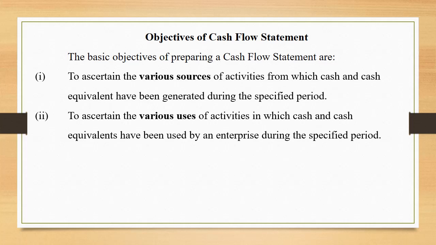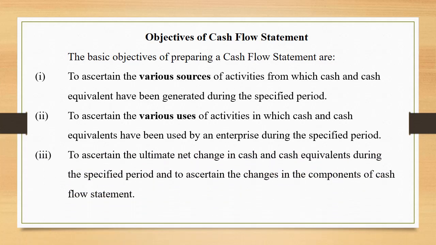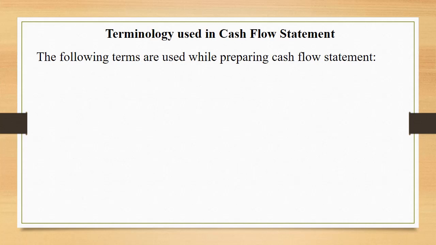Third, to ascertain the ultimate net change in cash and cash equivalents during the specified period, and to ascertain the changes in the components of cash flow statement. So these are the three objectives of preparing cash flow statement.